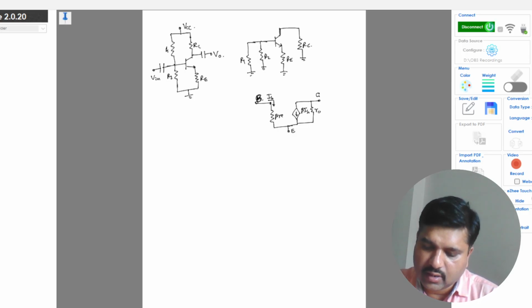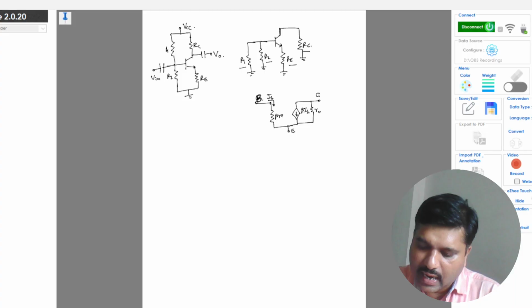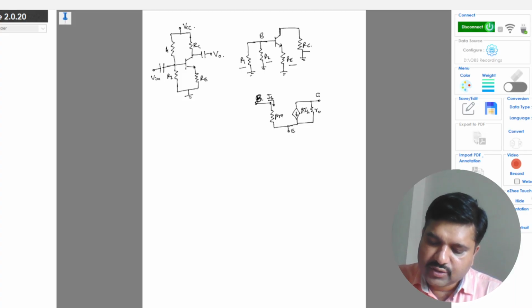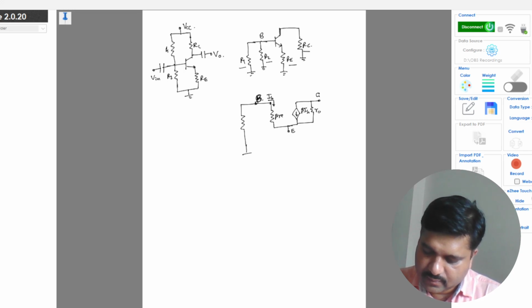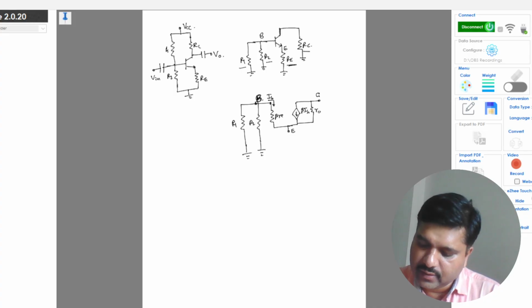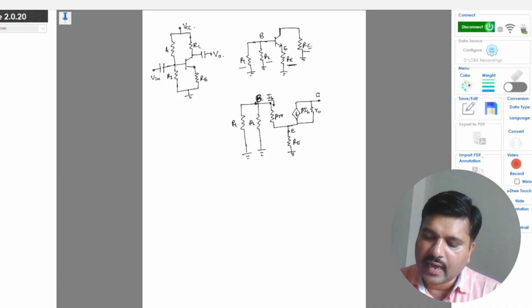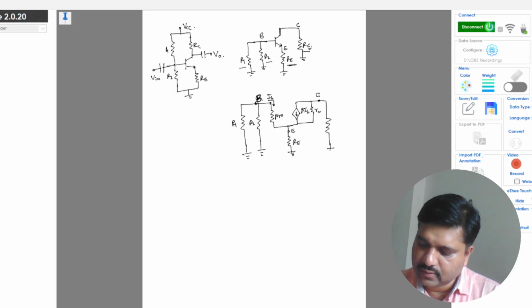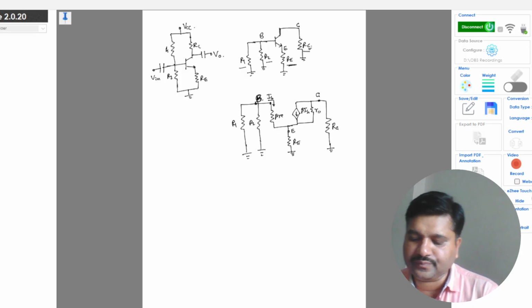So now the remaining components, that is R1, R2, RE and RC. R1 and R2 are connected from base to ground. So this is R1, this is R2, and RE is connected from emitter to ground, and RC is from collector to ground. This is my RC.